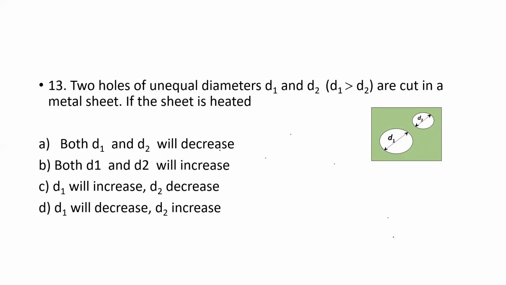Both diameters decrease, both diameters increase, D1 will increase and D2 will decrease, or D1 will decrease and D2 will increase. What is the correct option here? When the sheet is heated, both diameters will increase because of the thermal expansion property.